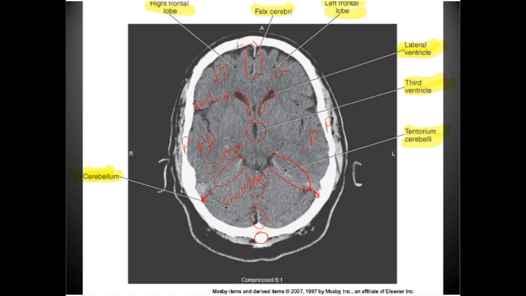Also, we do have the external occipital protuberance, and we do have the internal occipital protuberance here as well. Also, I would like to point out that we have a faint line running around the image, and this is basically soft tissue. This is your outermost layer of skin.